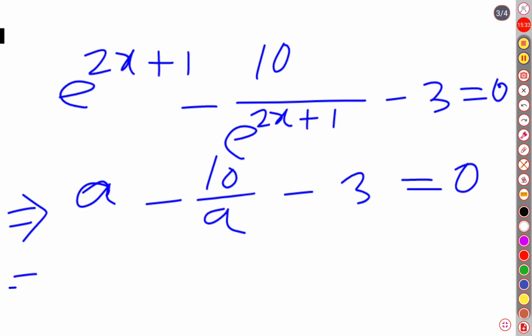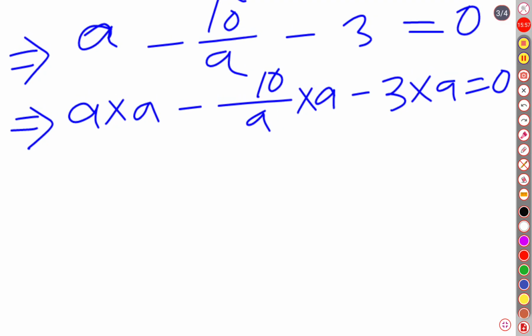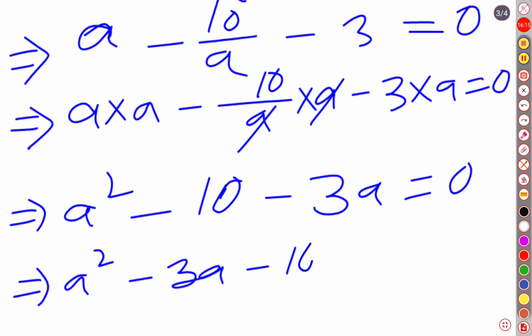If we multiply every quantity by a, a into a gives a square, minus 10 over a multiplied by a gives minus 10, minus 3a, and the right side is 0 multiplied by something, which is 0. So we get a square minus 3a minus 10 is equal to 0.